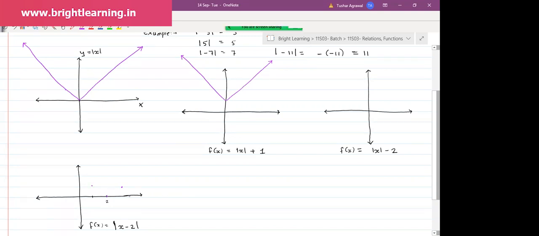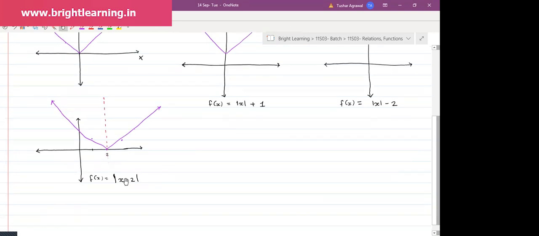Similarly, 2 steps to the right of 2, 2 steps to the left of 2, something like this, and the graph will be this. Symmetrical about the vertical red line. That vertical red line passes through x equal to 2.